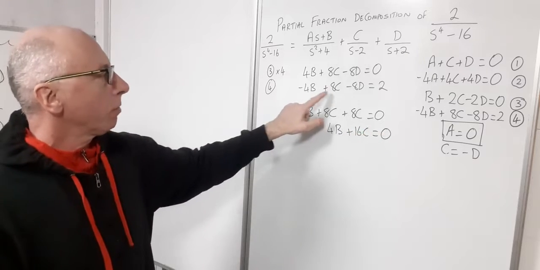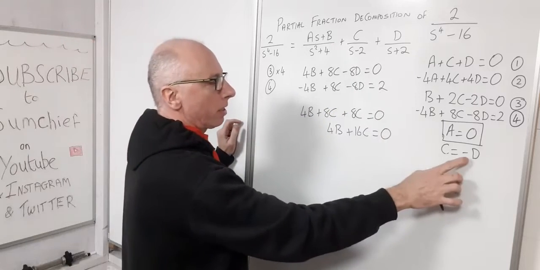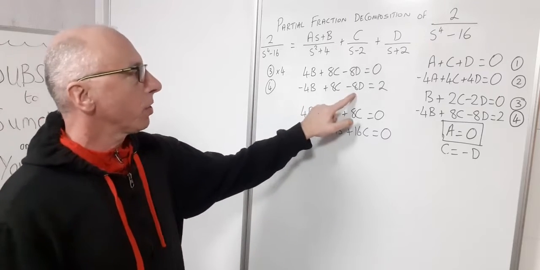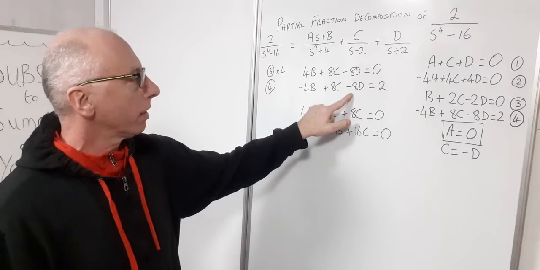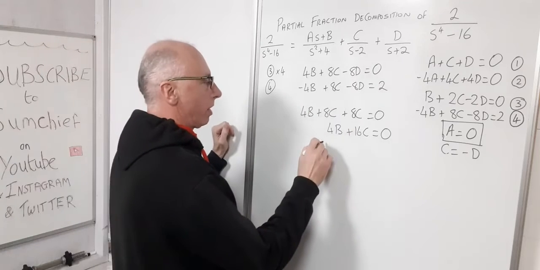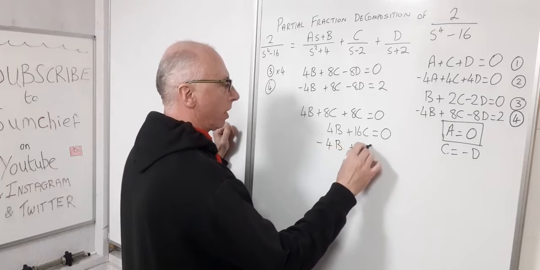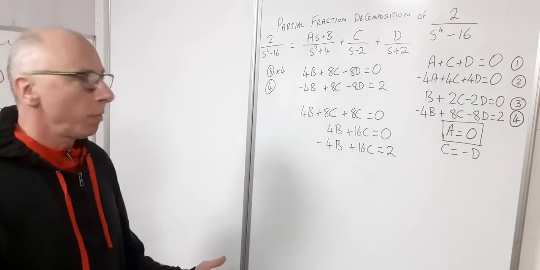Now let's do the same with this one. Minus d is the same as c, so this one would be minus 4b plus 16c. So that would be the same in this circumstance. So let's put that in there. So now I've got minus 4b plus 16c equals 2. Now I've got something I can work with here.